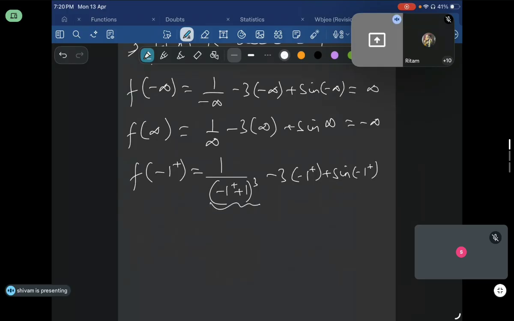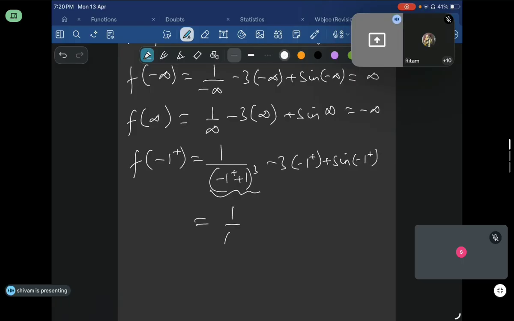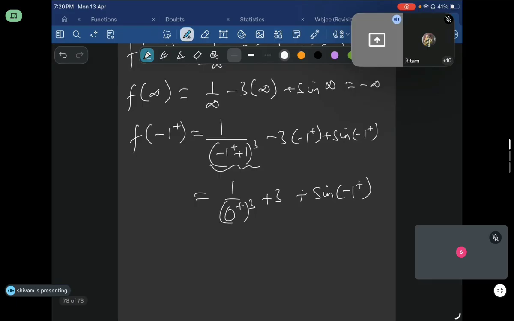Now, -1 plus 1 is actually 0 plus, so this is 1 upon 0 plus whole cube. This will become plus, and 3 and sine of -1 plus don't matter. Now 1 upon 0 plus will tend to infinity, so at -1 plus it will be infinity.